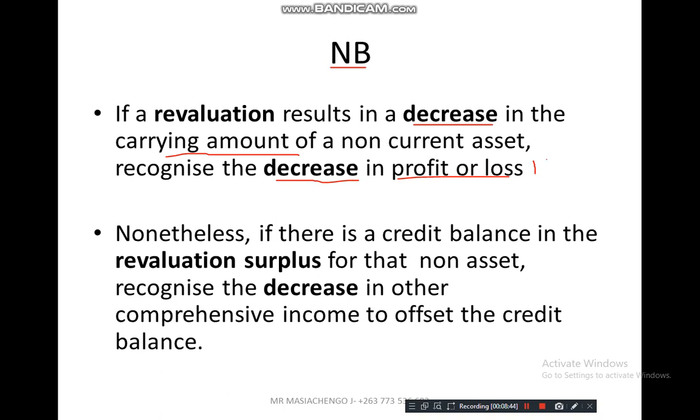But nonetheless, if there is a credit balance in the revaluation account, that is, there is a surplus in the revaluation account for a non-current asset, recognize the decrease in other comprehensive income to offset the credit balance. So I think this is the presentation that I wanted to do for you.